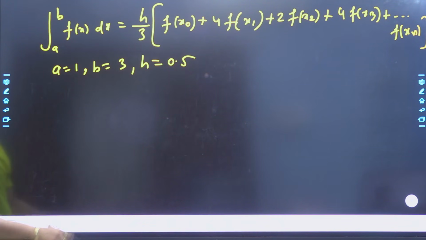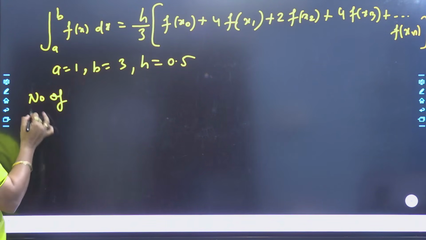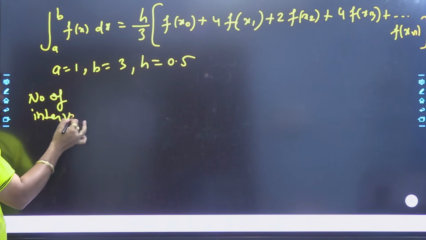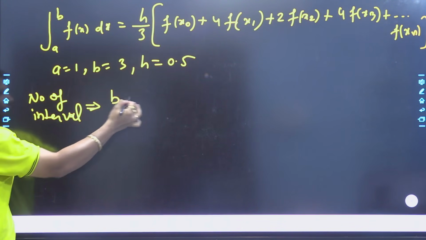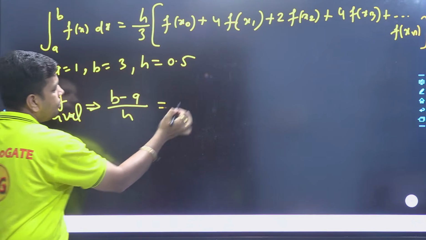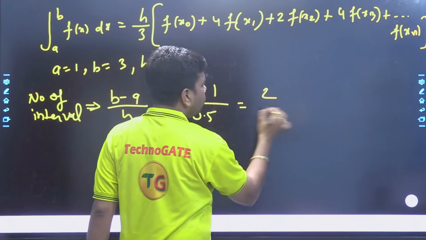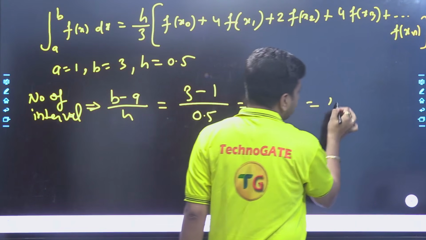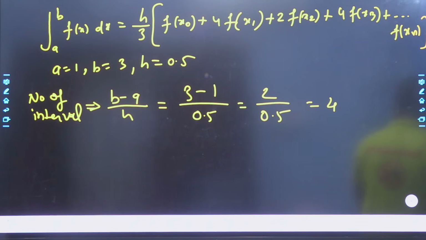Okay, so first of all we need to find the number of intervals. The number of intervals is simply (b minus a) by h. b is 3, so 3 minus 1 by h, which is 0.5. So 2 divided by 0.5 becomes 4. Okay, so 4, that is even.